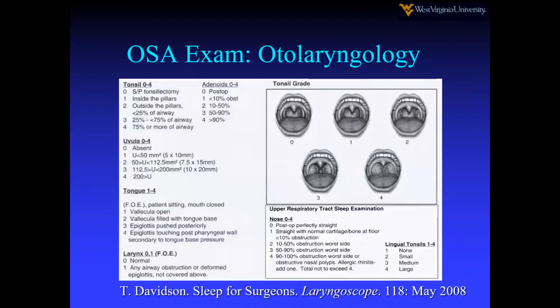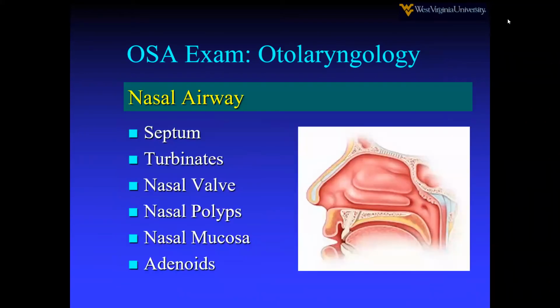But this is an evaluation that we do, and I think I mentioned this last time with Terrence Davidson's Sleep for Surgeons. It's very great, and this is something you can maybe keep in your hip pocket when you're looking at OSA patients, and you mark different categories of obstruction through the airway.